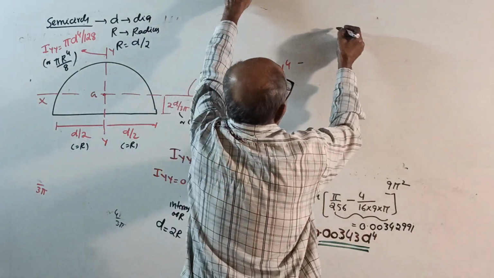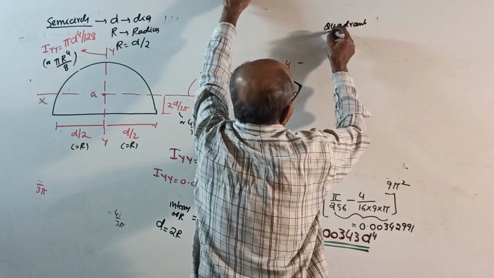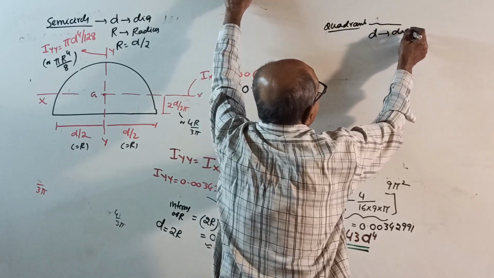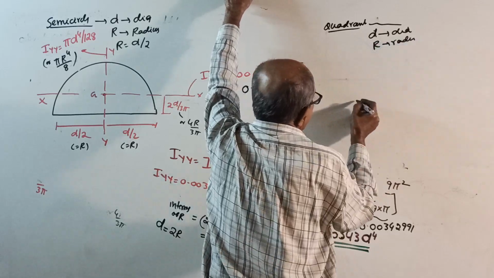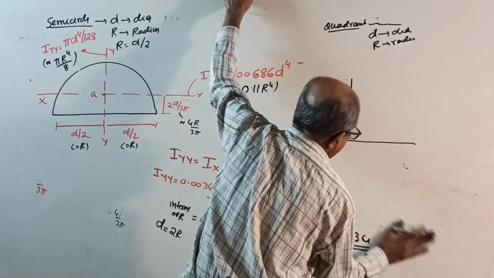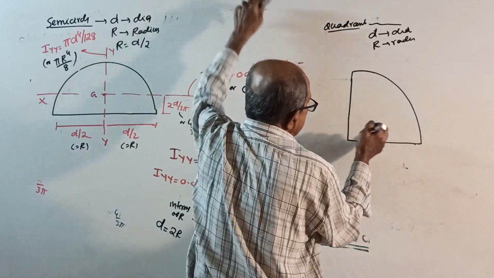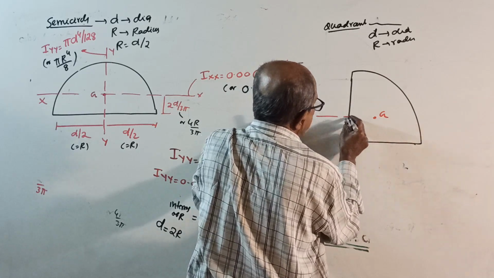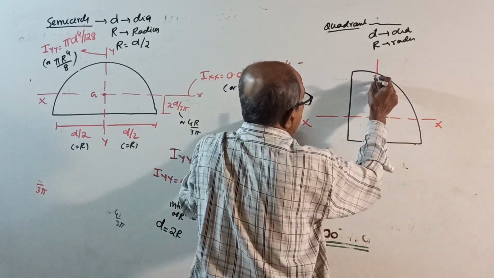And this is semicircle. Quadrant of a circle. Right here, you write quadrant of a circle. D is the diameter, R is the radius. You show a quadrant here. Okay, centroid is here. This is the x axis, this is the y axis.